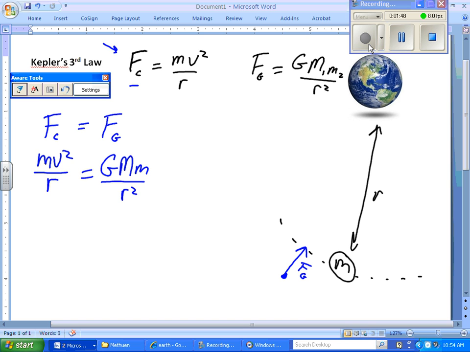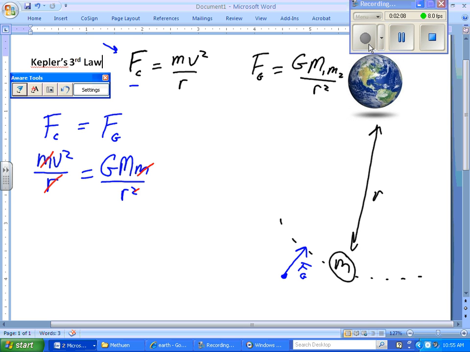Now, the little m would represent the mass of the orbiting body. The big M would represent the large body or the planet. So those are on both sides, so they're going to cancel. Also, we've got an r on both sides, so that's going to cancel too. And then we're left with v squared equals GM divided by r.